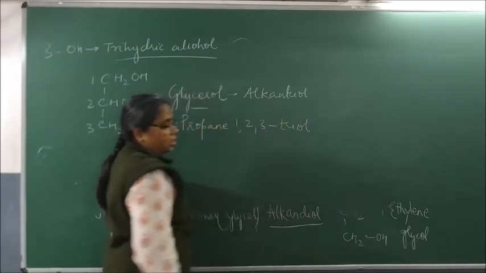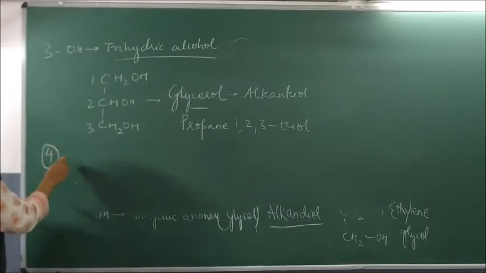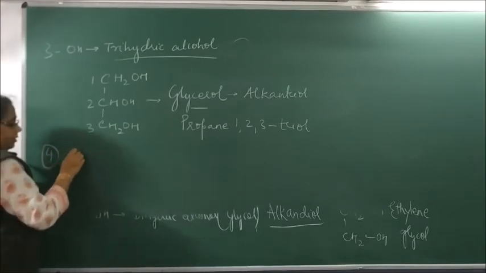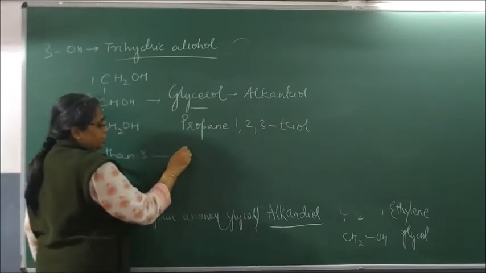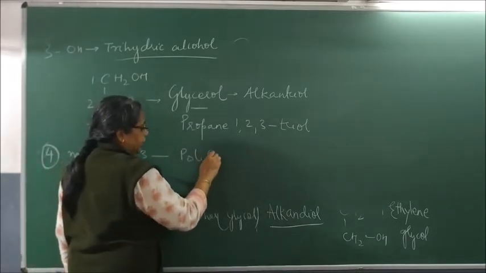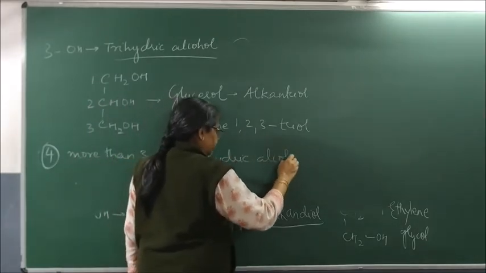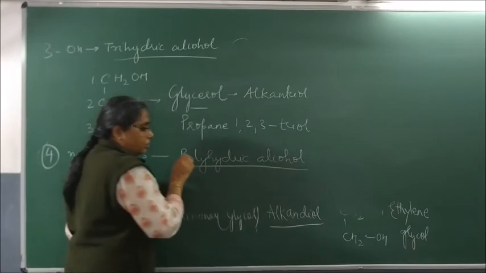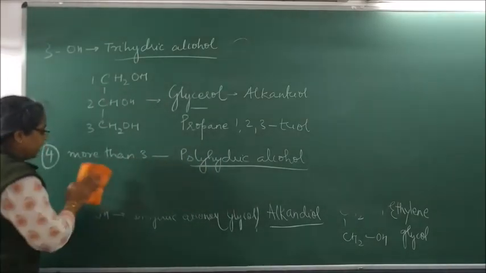So this is trihydric alcohol. If there are more than 3 OH groups, then it is called polyhydric alcohol.